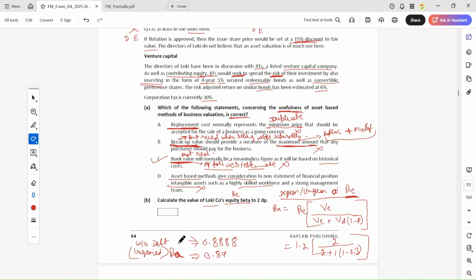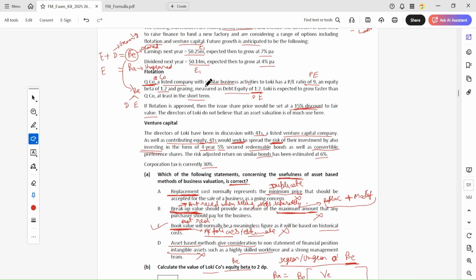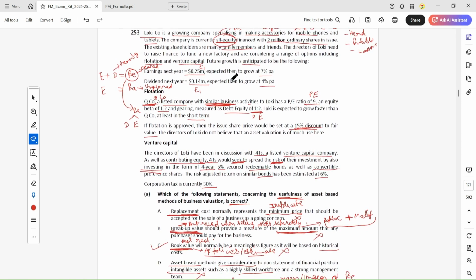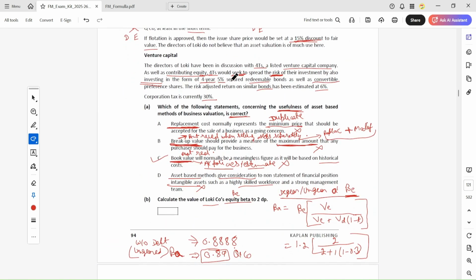So this is the asset beta of the Q company, which is ungeared. Because we have a similar business, we can say that this asset beta is our company's asset beta.